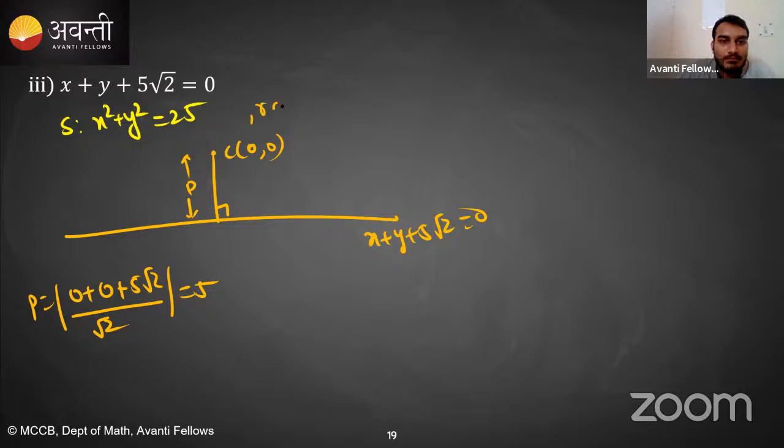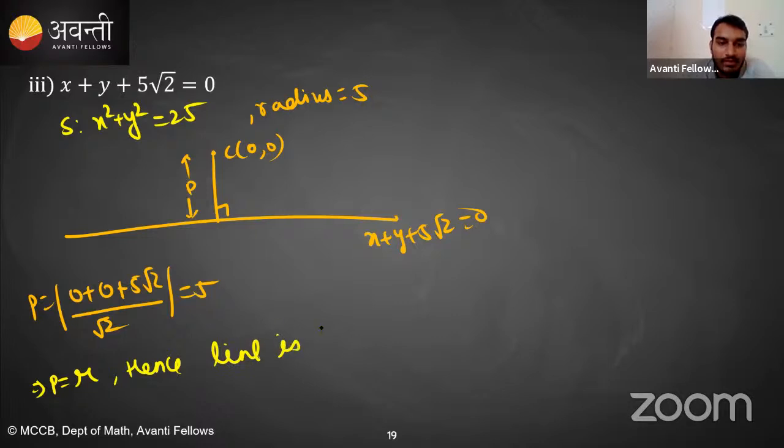And the radius of the circle is 5 only. So it implies P is equal to R. Hence, the line is tangent to the circle. Is that clear, everyone?